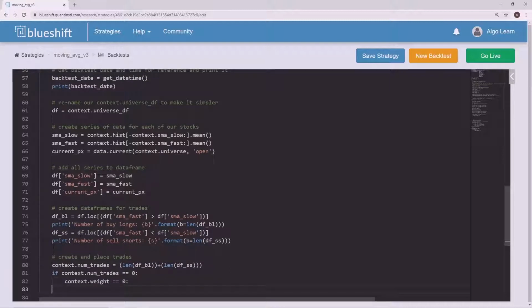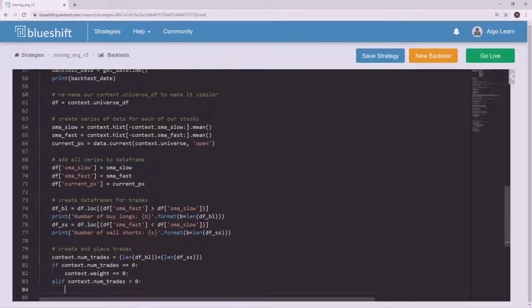Else if context num_trades is greater than 0, which most likely it will be, then our context weight equals 1 divided by context num_trades.